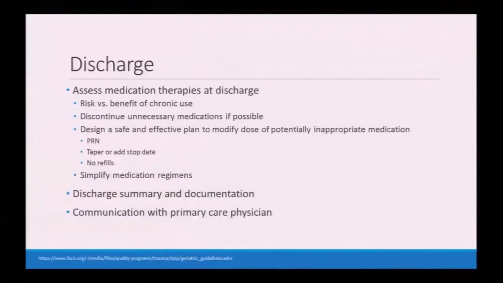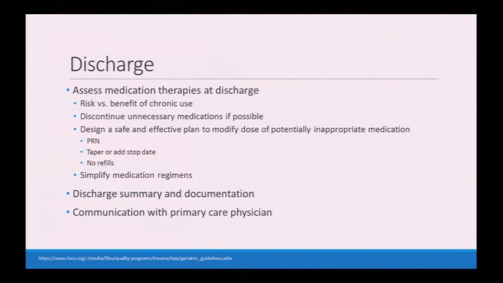So last, I'll talk a little bit about discharge, and then specifically our study that we're doing here. So assessing the medications at discharge, you want to look at the risk versus benefit of chronic use of those medications, discontinue unnecessary medications if at all possible, and then design a safe and effective plan to modify the dose of potentially inappropriate medications.